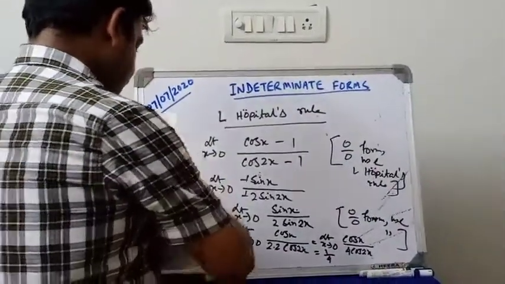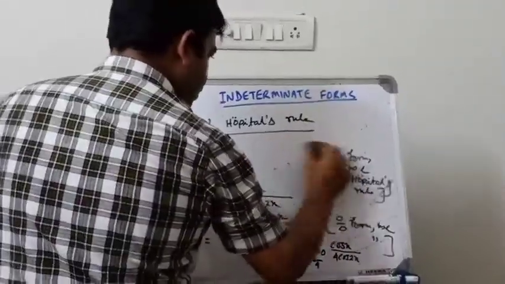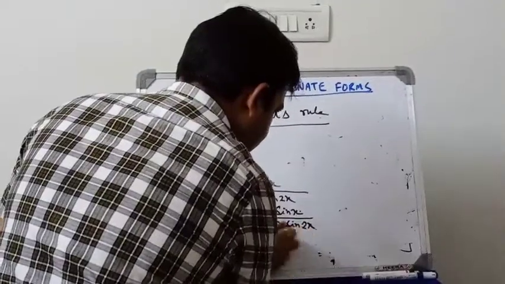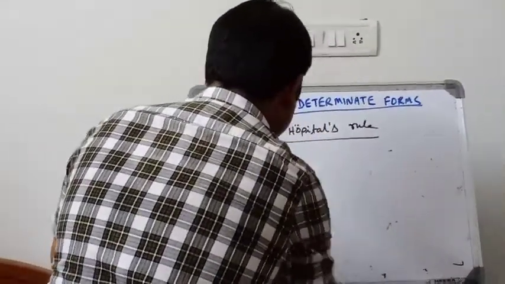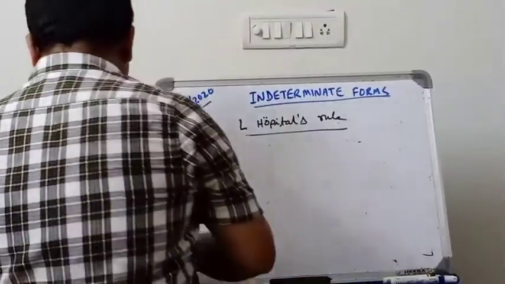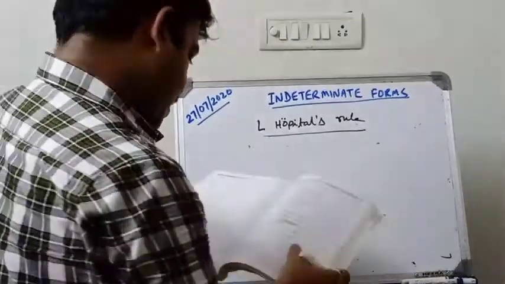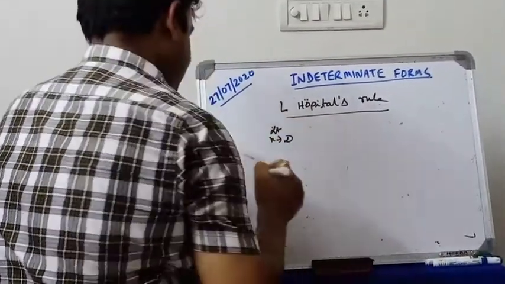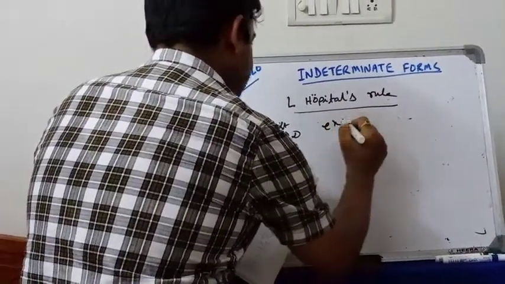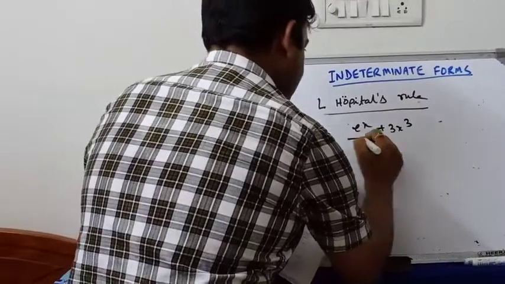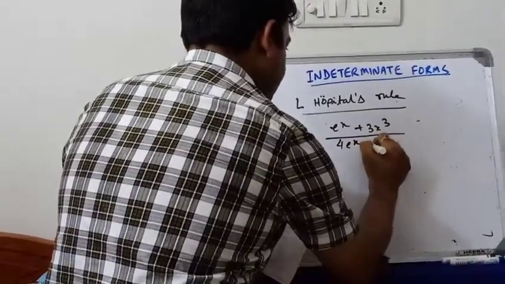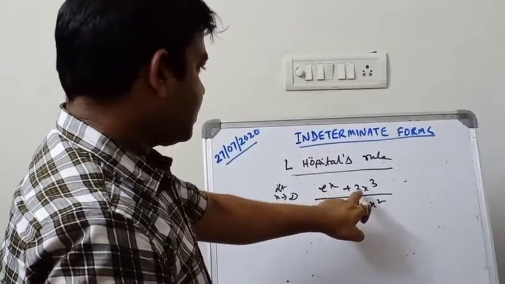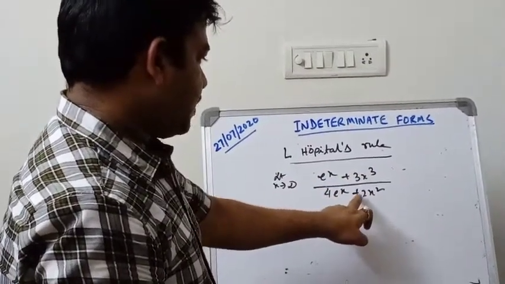Look at this sum: limit x tends to infinity of (e to the power x plus 3x to the power 3) by (4 e to the power x plus 2x square).